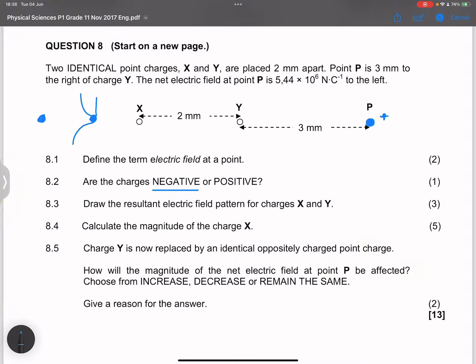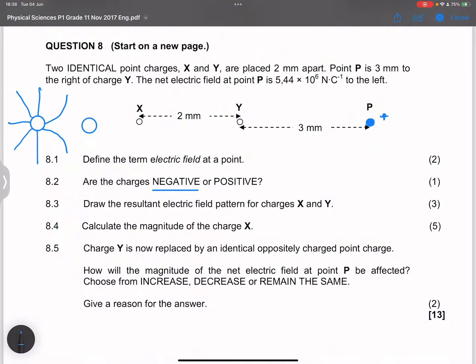Okay, so let me just try to do this. Remember that the field lines must not cross one another, right? So I'm just trying to draw them so that they are equal or identical. Okay, so there's my charges. It was misbehaving at first.